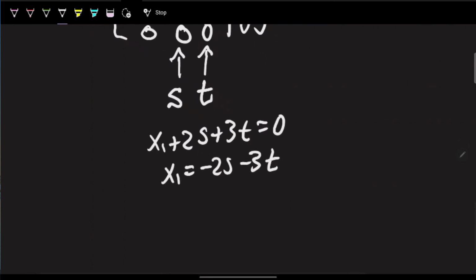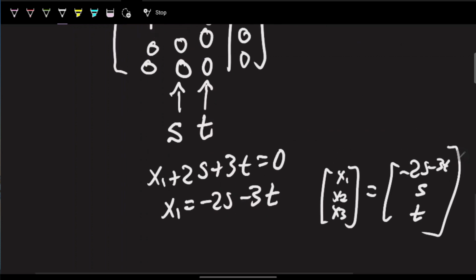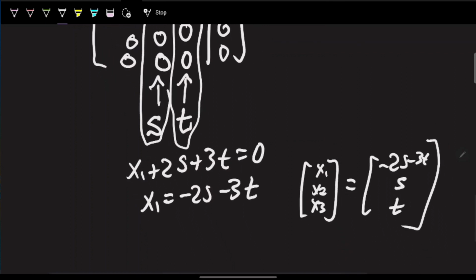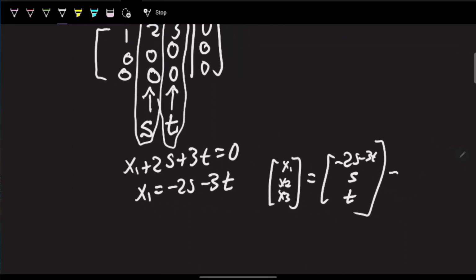And then your matrix of x1, x2, and x3 just becomes minus 2s minus 3t, and then just s, and then just t. Because x2, as we said, was s and x3 was t. That's basically all that's saying. Another way to interpret this is as two separate vectors.